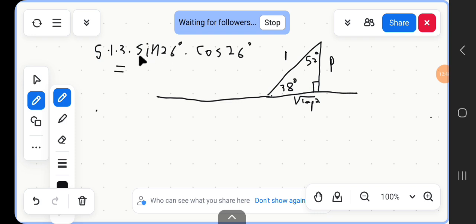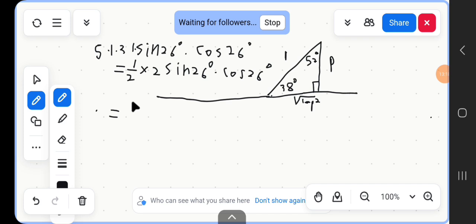If you check, we have sine 26 degrees and cos 26 degrees. This almost looks like a double angle of a sine. What's missing is the 2. So how do we get that 2? Here we know that there's an invisible 1, and 1 times this is still the same, so nothing has changed. But we know that 1 over 2 multiplied by 2 is the same as 1. So we can write 1 over 2 times 2 sine 26 degrees times cos 26 degrees.